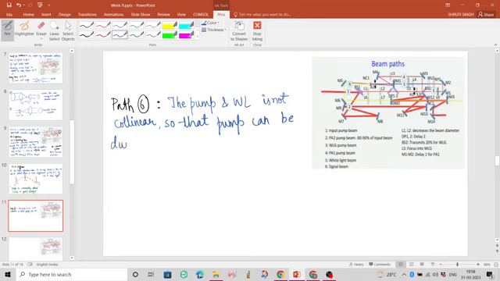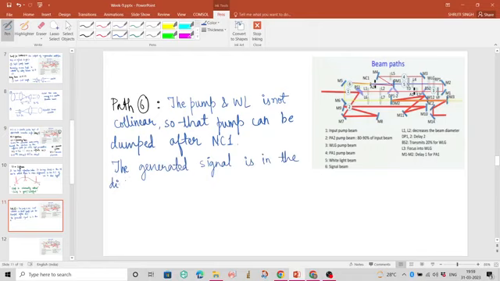The pump can be dumped after NC1, and this generated signal, which is the part 6, shown in the yellow color here, is in the direction of the white light.